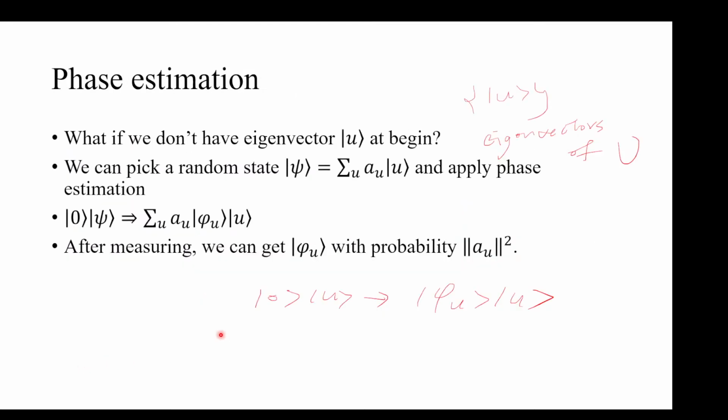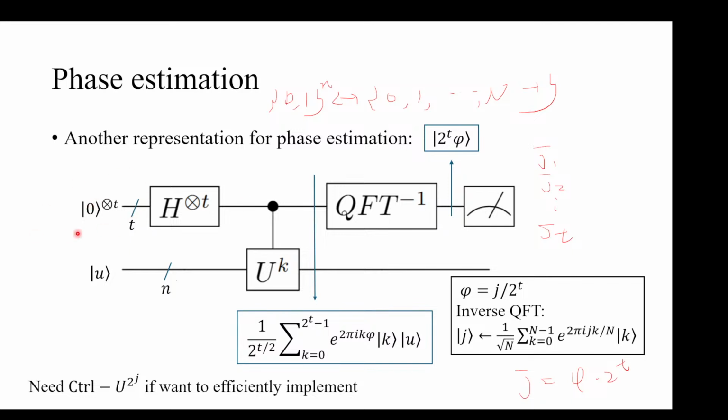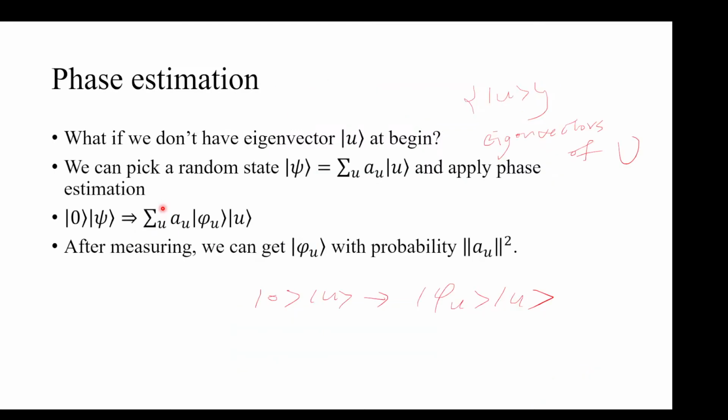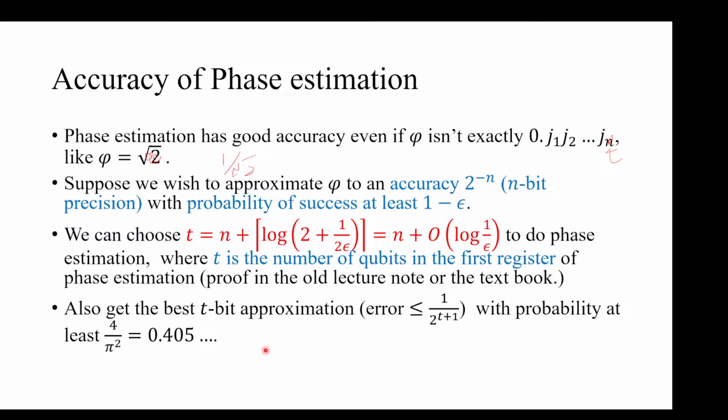So if you just do this on any phase, then with 40% probability you will get the first t bits correct, and that's actually already good enough for doing factoring.